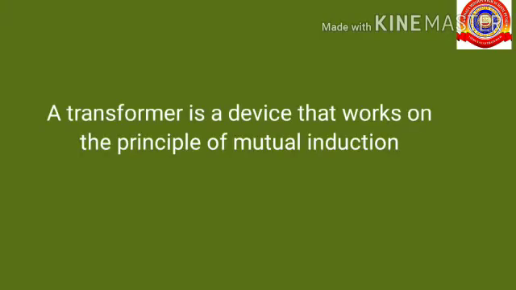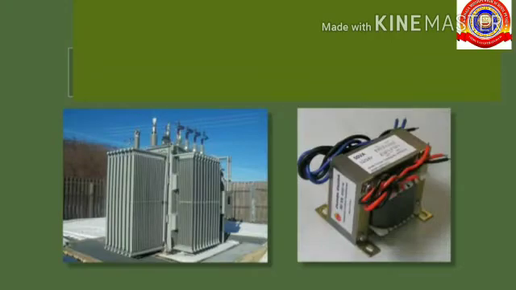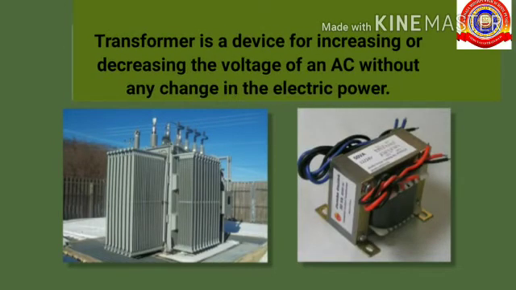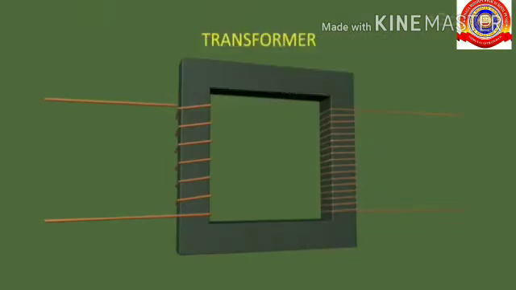A transformer is a device that works on the principle of mutual induction. A transformer is a device for increasing or decreasing the voltage of an AC without any change in the electric power.